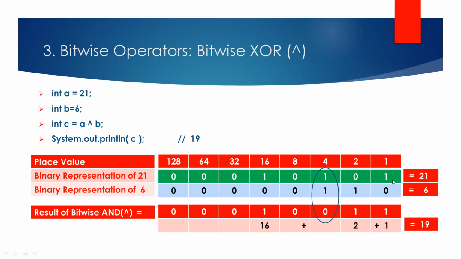At the location where both bits are different, we'll get the result 1. So 1 0 1 0 0 1 1 0. If we evaluate the resultant bit pattern, then we'll get the result as 19. Okay, so this is the way bitwise exclusive OR gets executed.